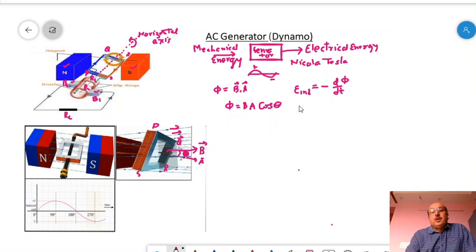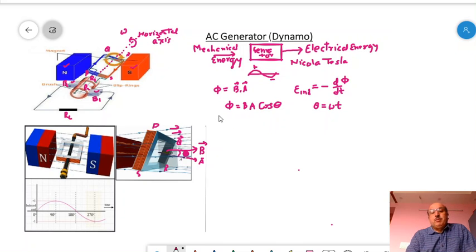As the rotator rotates the armature with angular velocity omega, theta will be omega t. So this is the principle behind the AC generator.